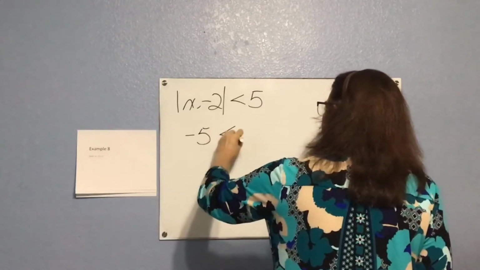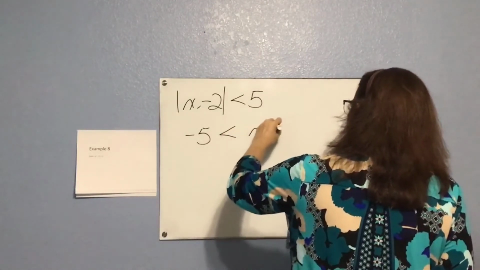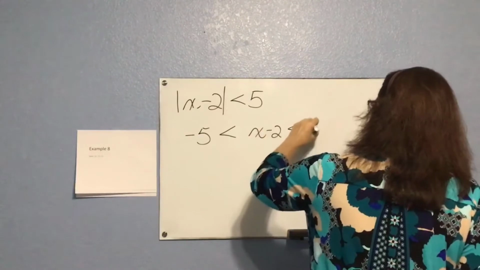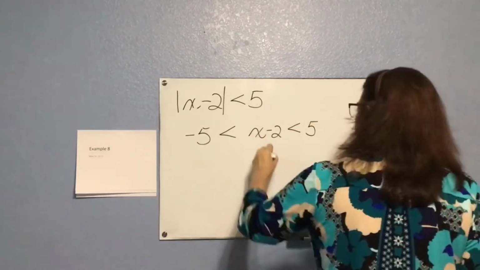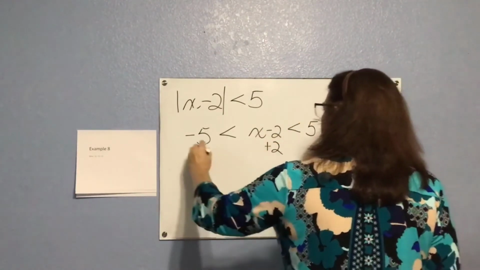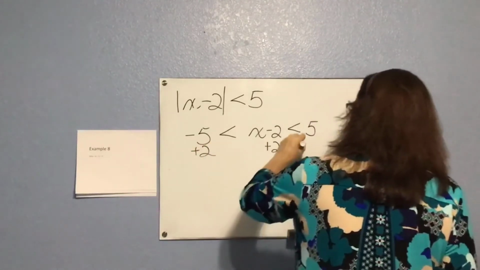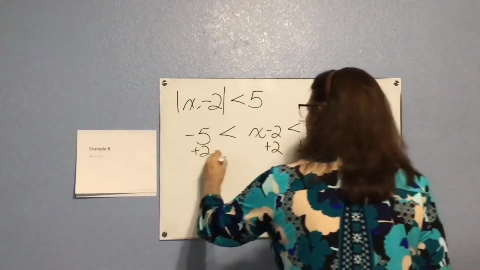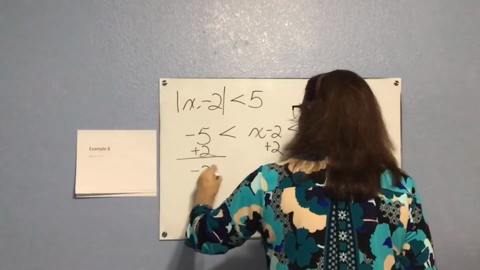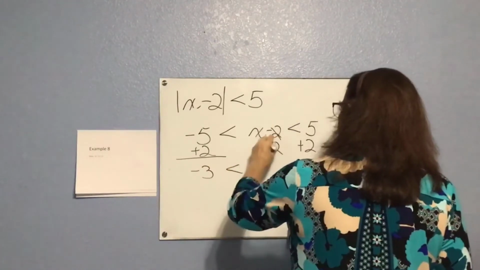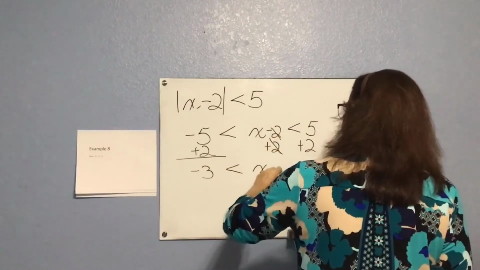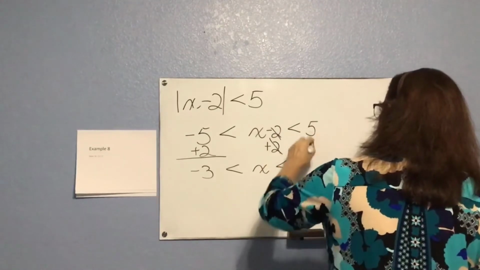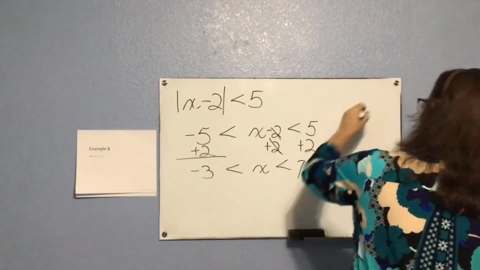Negative 5 less than x minus 2 less than positive 5. Okay, I'm going to add 2 to all 3 parts. I have negative 3. These 2's cancel out. I have just x. And 5 plus 2 is 7.